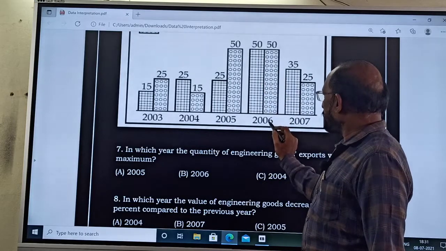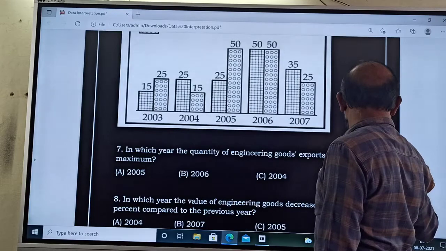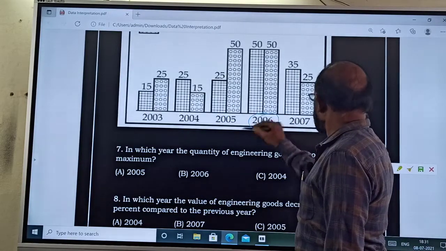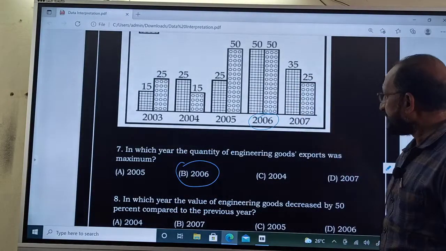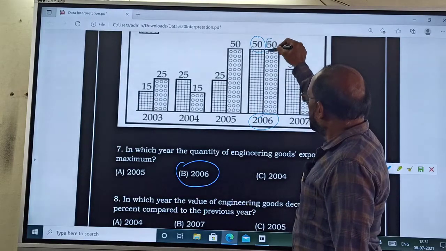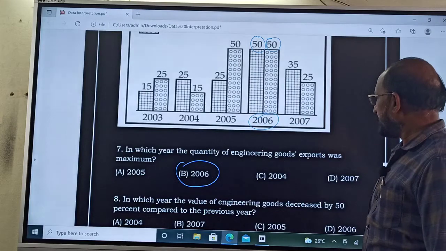Yes, 2006 is the answer. So B is the answer, because B is 50 lakhs and 50 crores.